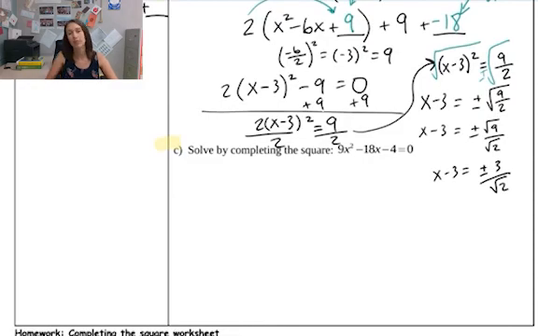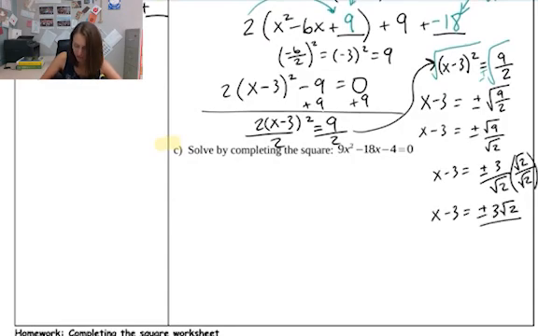I still have a square root in the denominator, which is a problem. We are going to rationalize that by multiplying it by itself and balancing it out on top. So that really I'm just multiplying by 1. In doing this, we end up with a 3 times the square root of 2 on the top, and on the bottom, square root of 2 times the square root of 2, square root of 4 is 2. So we've gotten rid of that square root that's not allowed to stay in the denominator.